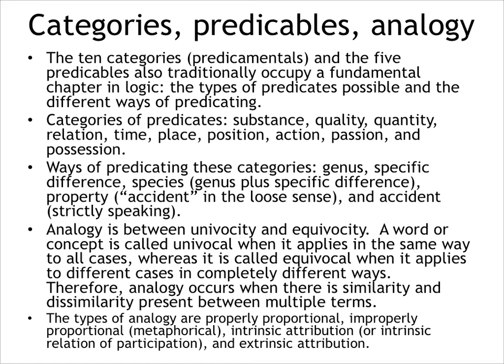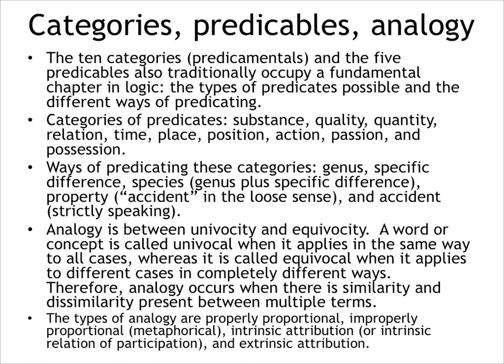And then we talked about analogy. So quickly, analogy again is between univocity and equivocity. Equivocity is when a word means two different things at the same time, or a concept is referring to two completely dissimilar things, completely different things.